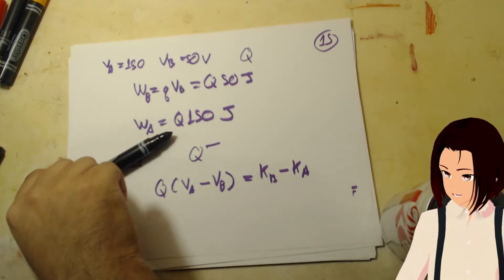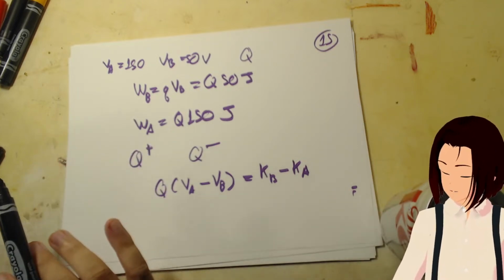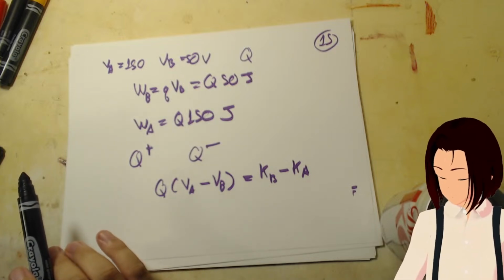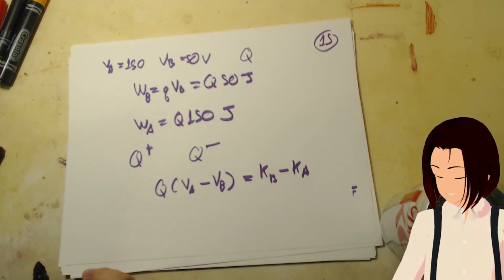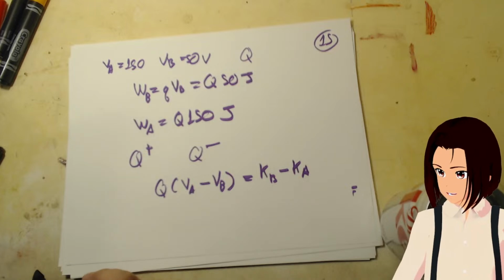So, by the way, a piece of metal is an equipotential as long as there's no charge moving inside of it. Because as long as there's no electric field inside of a conductor, it's an equipotential.